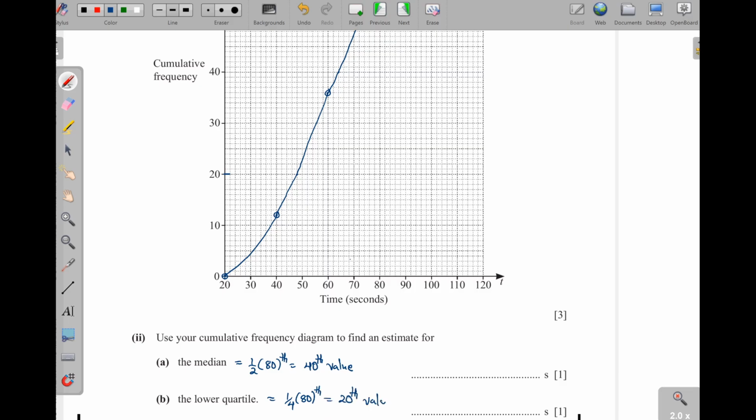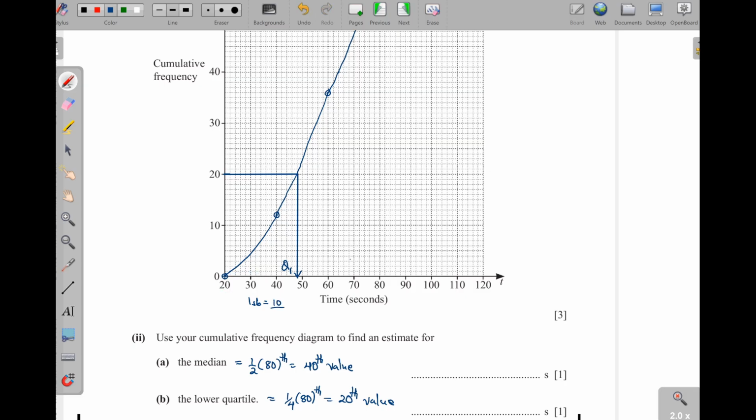So the 20th value. Now you go to your graph, you look for 20, you put a ruler, you draw, let it meet the curve, and then you go down. So that is our lower quartile, which is Q1. And this is 48, because one small box here is equivalent to, they are adding 10, 10 every now and then.